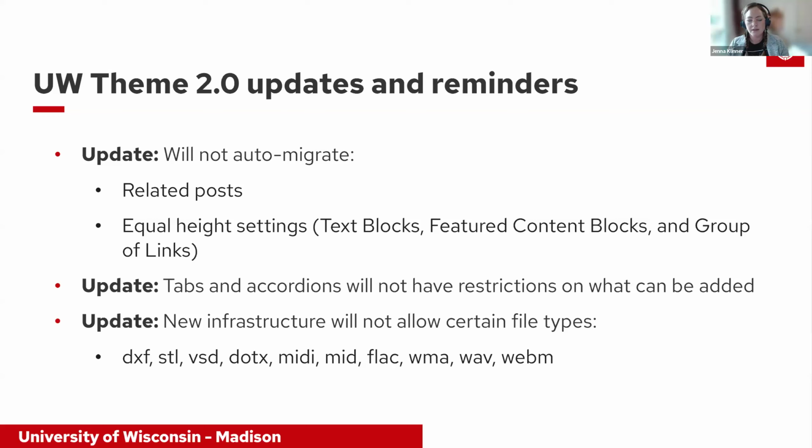This has come up in the past, and we had thought there might be some more restrictions. We have since revisited this. So we looked at peer institutions and accessibility guidance on this. And what we found is that most groups do not have restrictions on this, but we will be letting people know, hey, be cautious about what you put in here, test things, make sure it's user friendly, make sure it's accessible.